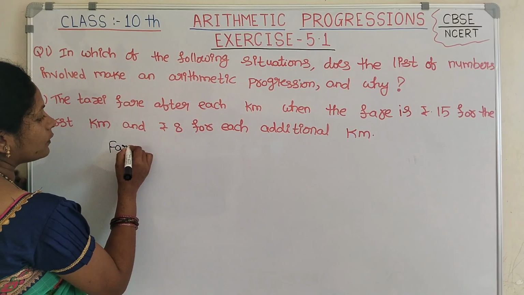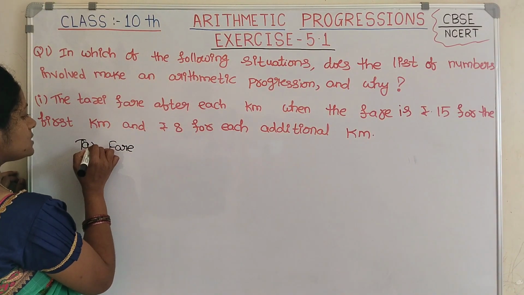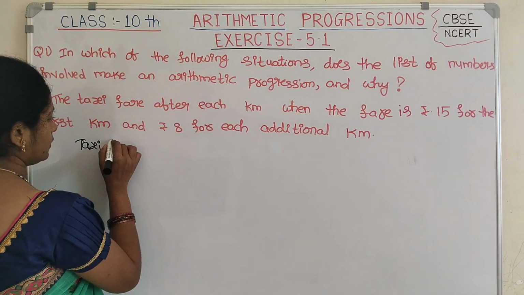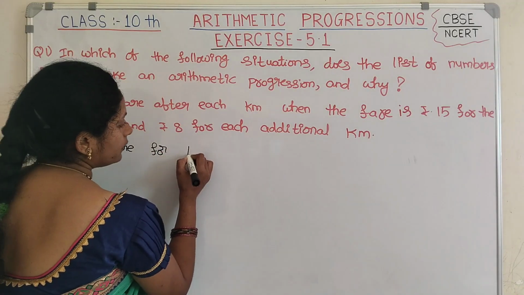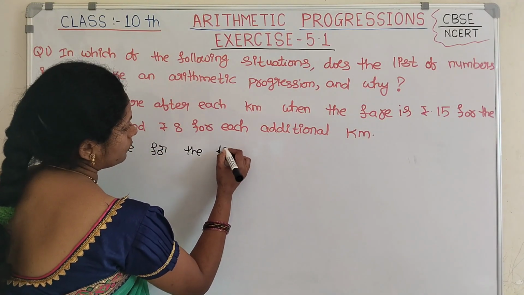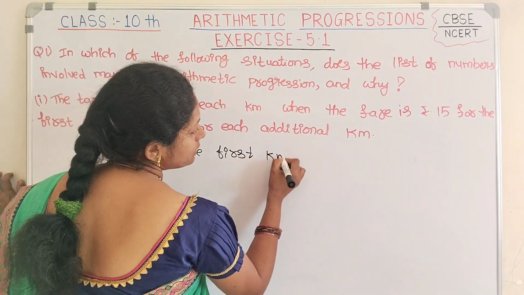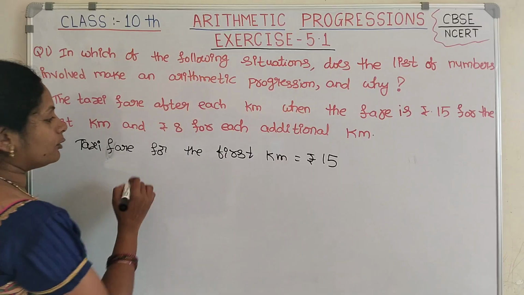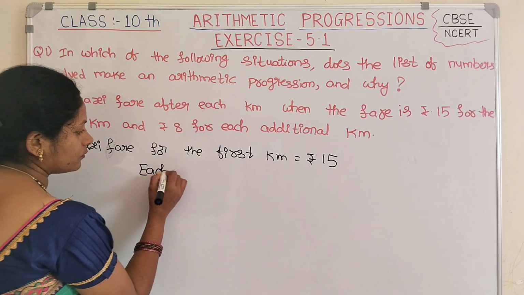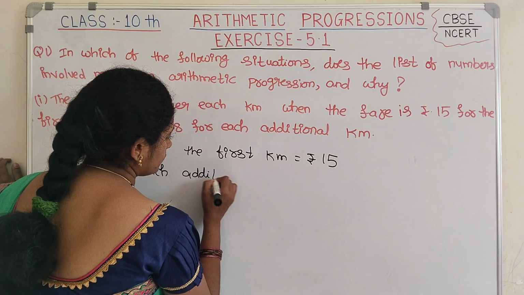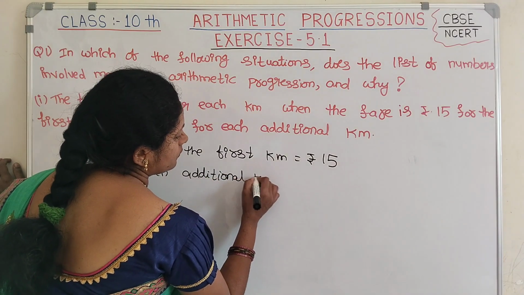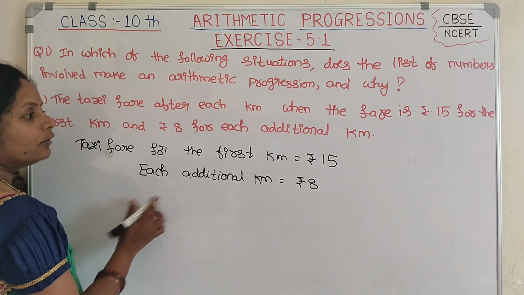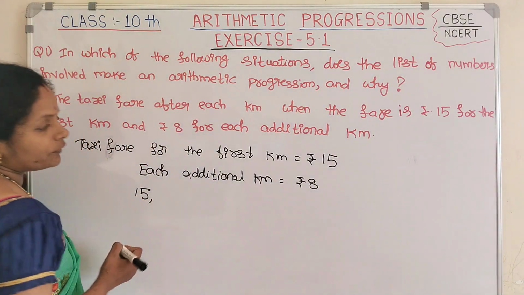I can write the taxi fare for the first kilometer. How much is it given? 15 rupees. And for each additional kilometer, how much? Rupees 8.